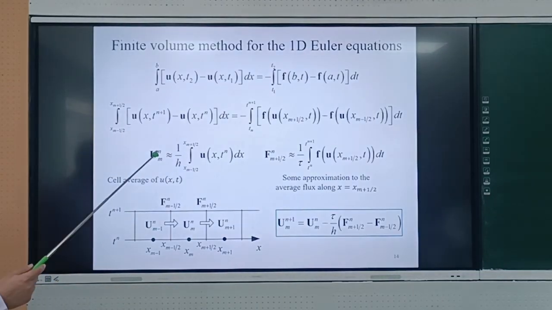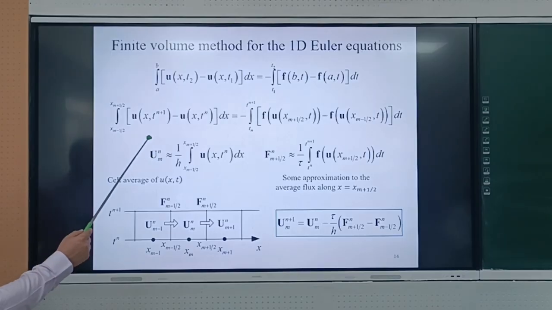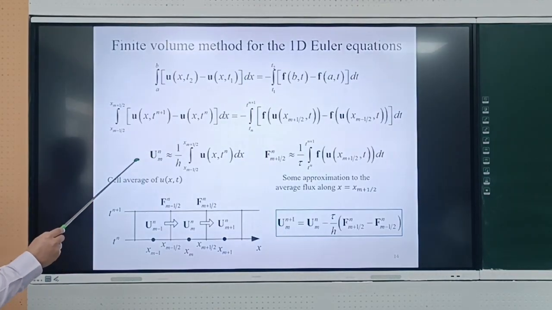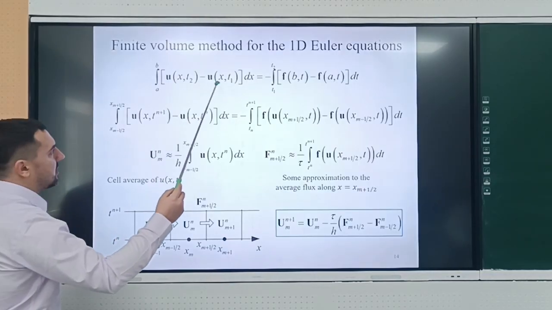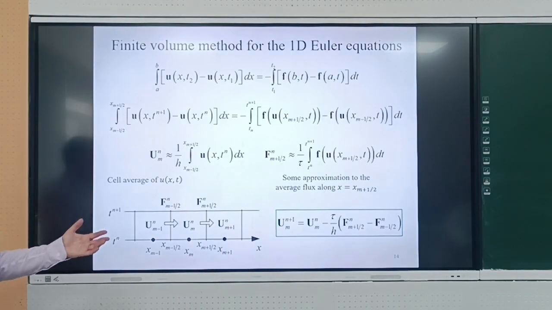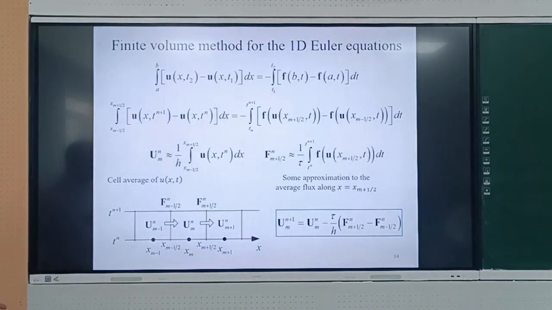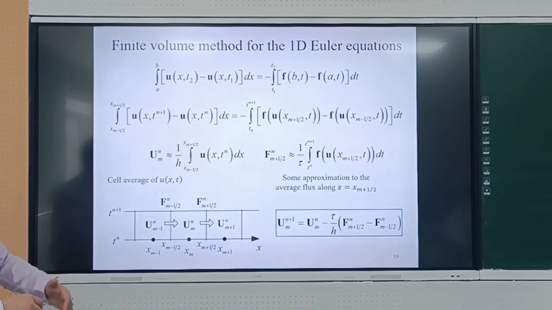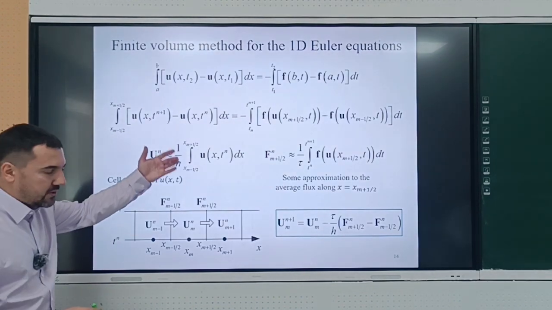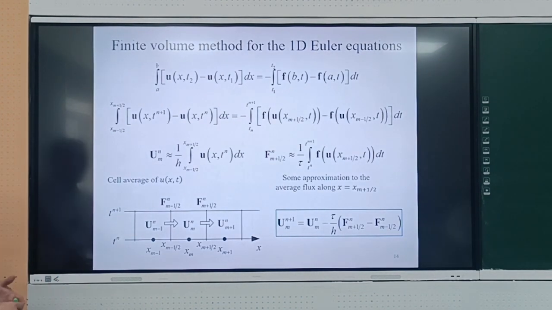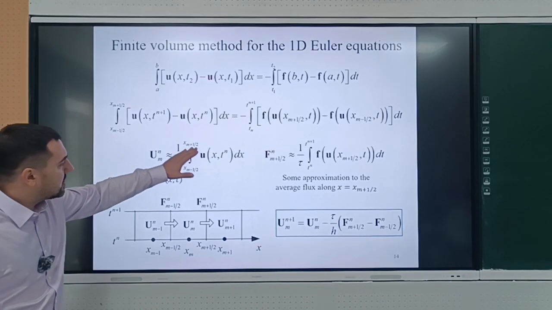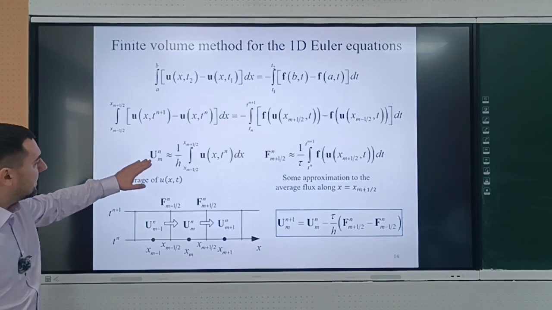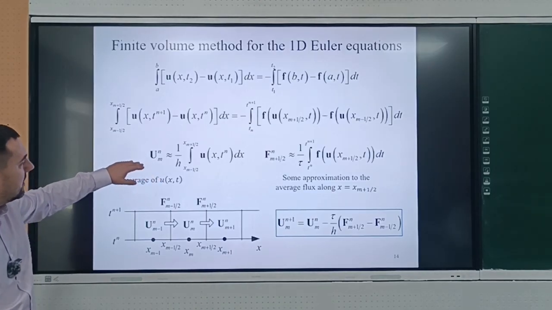After that, we introduce the following quantities, U_m^n. So U_m^n is the cell average of our function U. In these equations, U and F are not grid functions. They are real functions. And to get a grid function, which is a sort of discretization, approximation, we should average our function. And this is the cell average of our function, U_m^n.